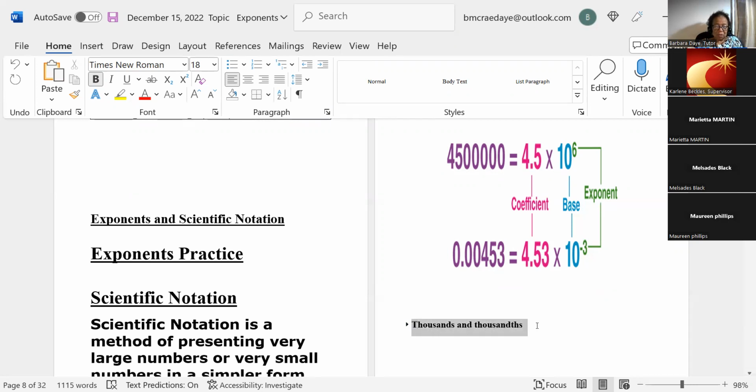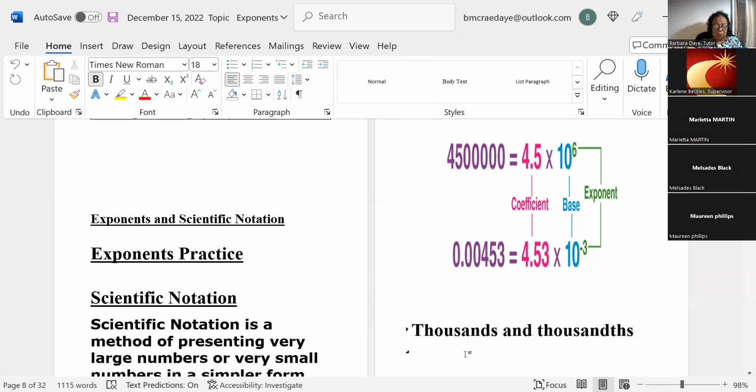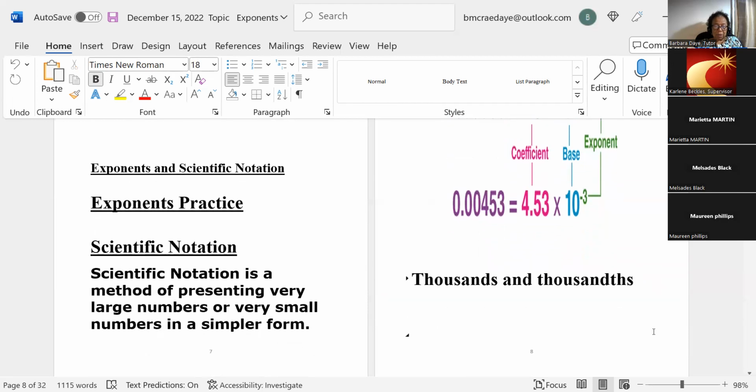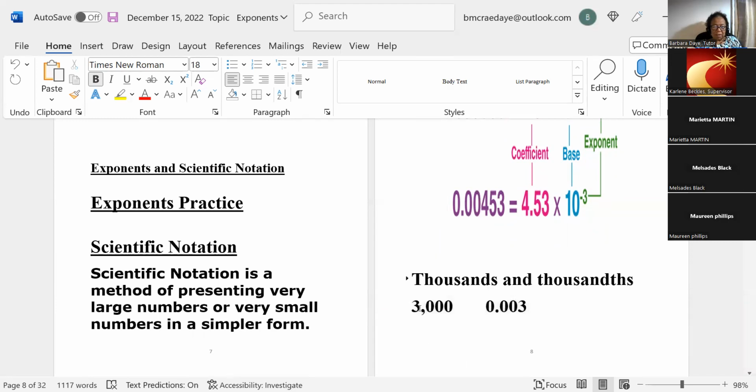If you had 3,000 or you had 0.003, how would you say the first number in words? 3,000.